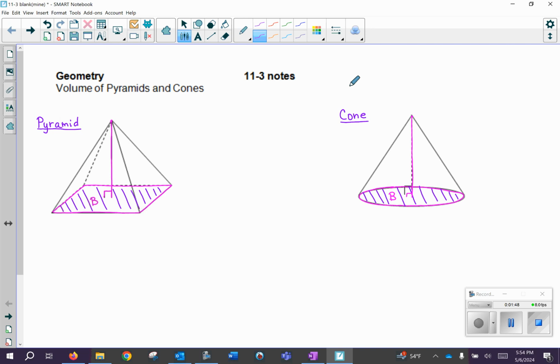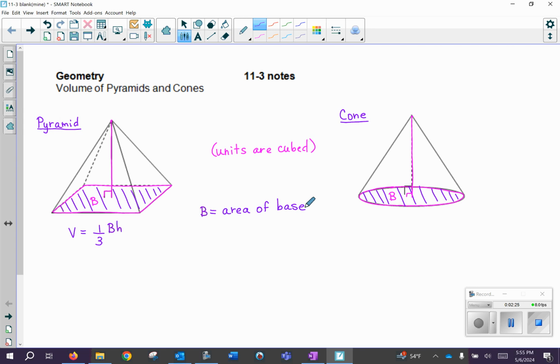Now, if this is a volume, then of course the units are cubed. That's for both of them. And here are the things that we need. Capital V, volume, for a pyramid is 1/3 capital B times H. Remember, capital B stands for the area of the base.